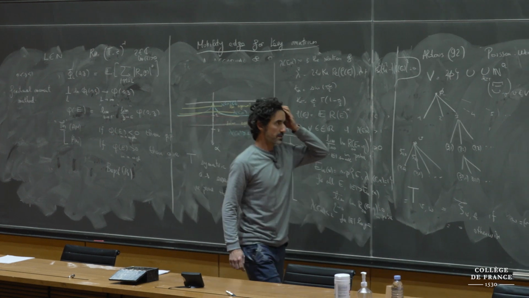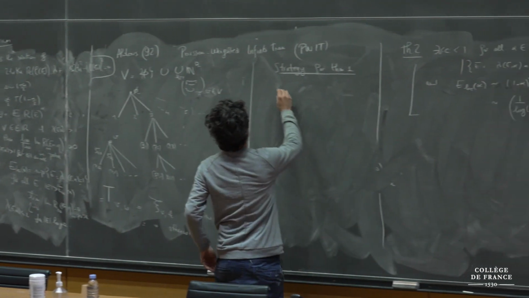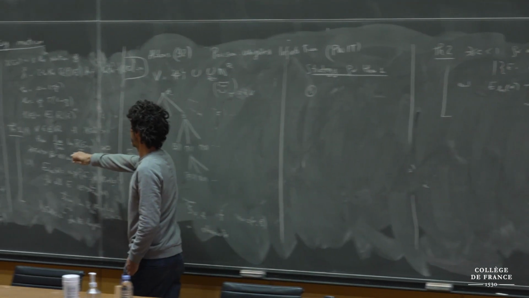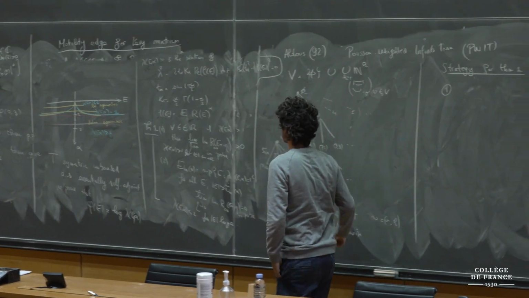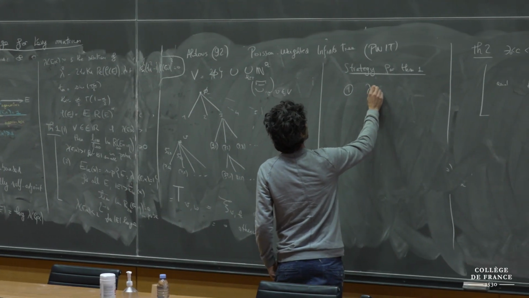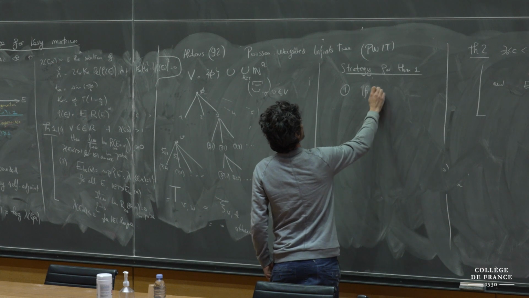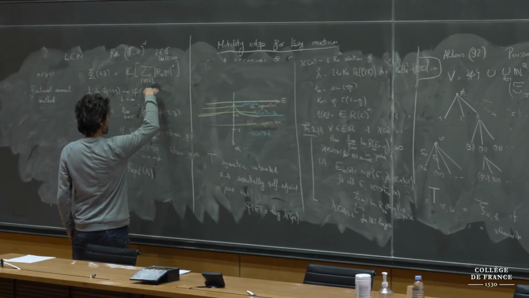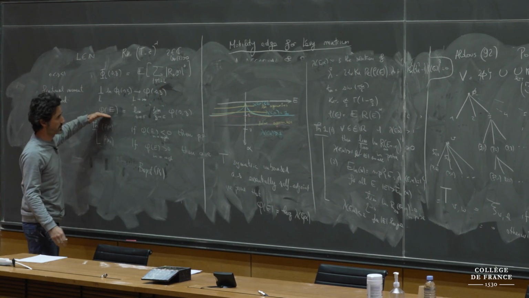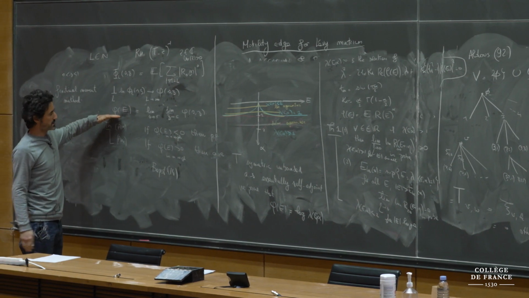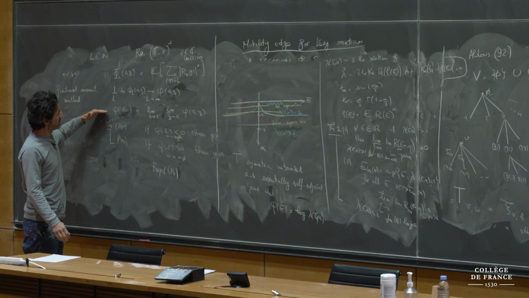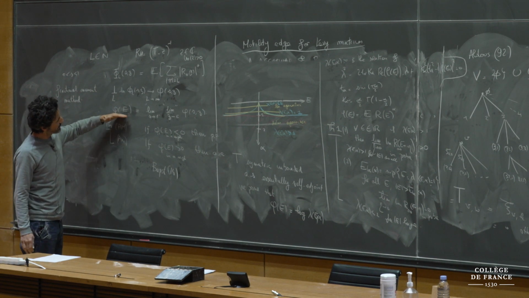Okay, so what is the strategy? The first point is to prove this. We prove that if we introduce the Lyapunov exponent exactly like that, we prove its existence. Using the regularity property, since all the random variables have densities, we have managed to prove that this number phi of E exists.